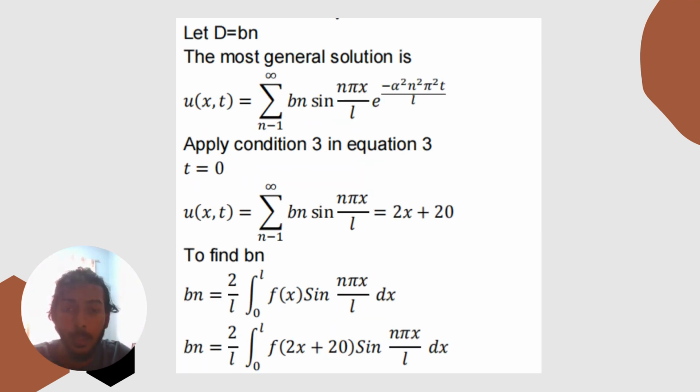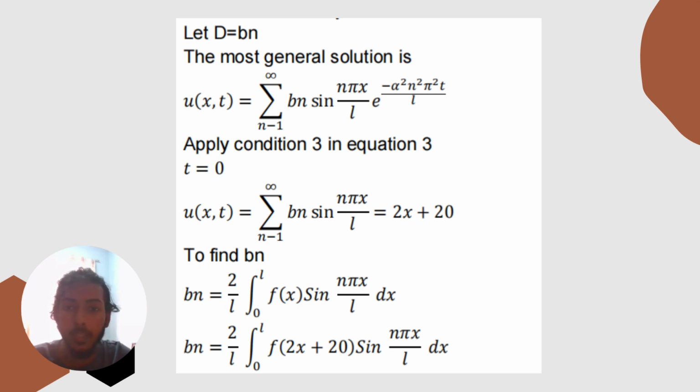Okay, now the next part is, we all know the most general solution I've stated before is u equals the sum of n equals 1 to infinity bn sine n pi x over l multiplied by e power negative alpha square n square pi square over l multiplied by t. And then we can let bn equal d.